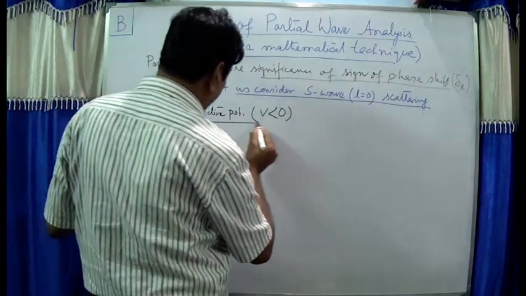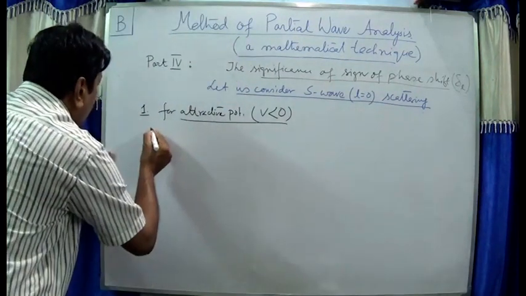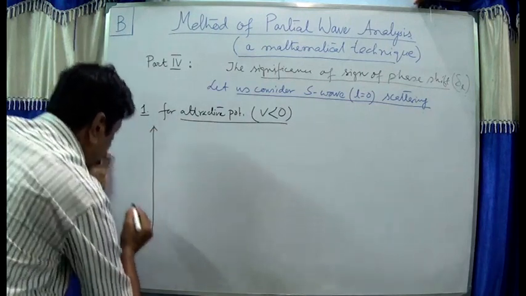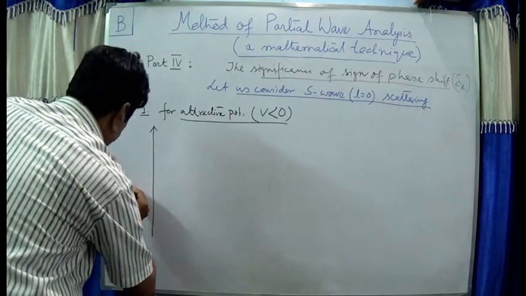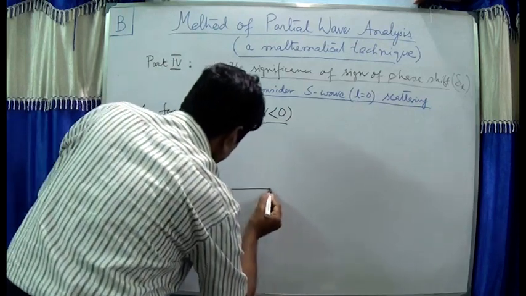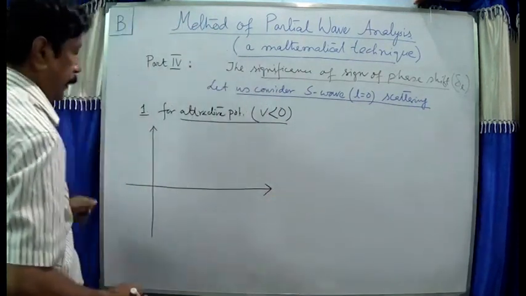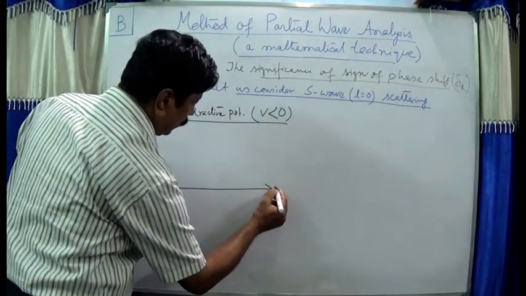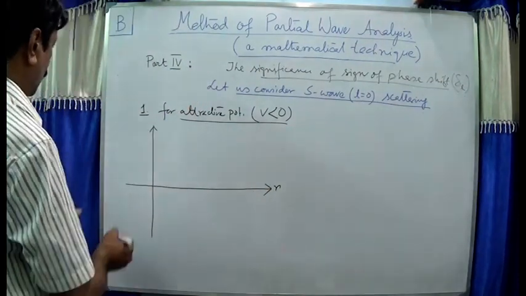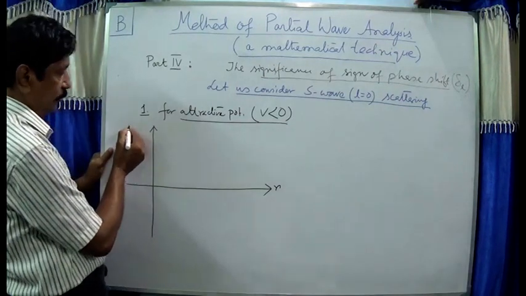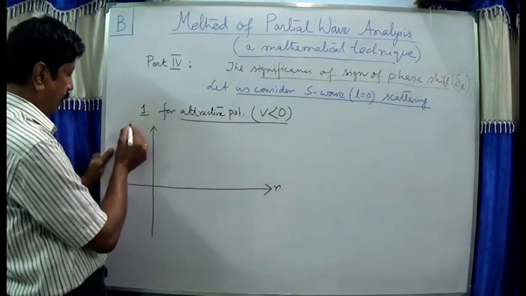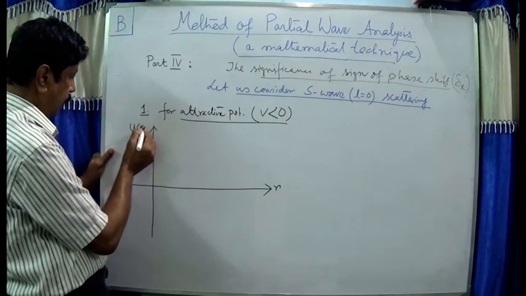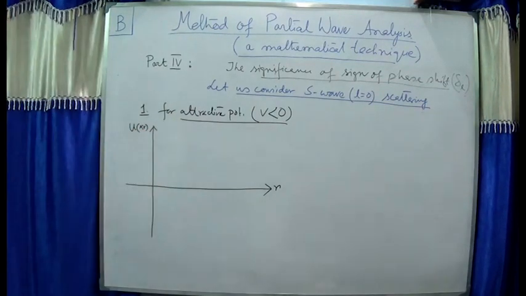So for attractive potential, what will appear graphically, let us see. So this is your r and this is your function, say u of kr. Basically it is a sine wave.